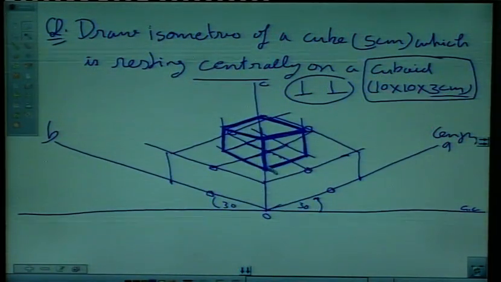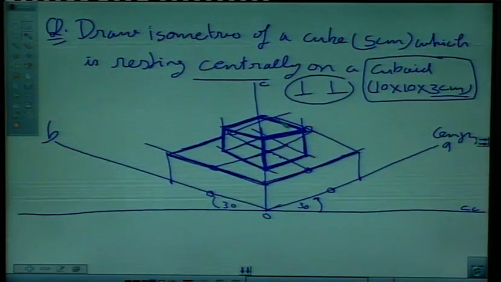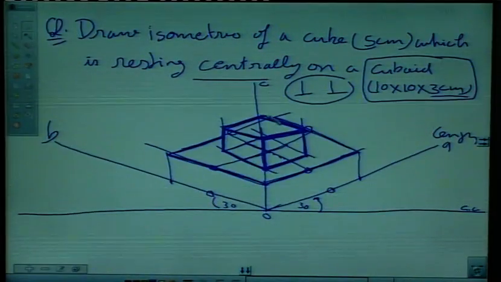And for the base cuboid, from here dark this also, dark this also, and dark this line also, right?